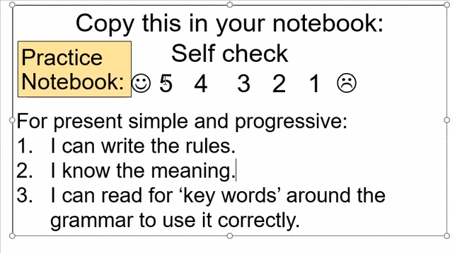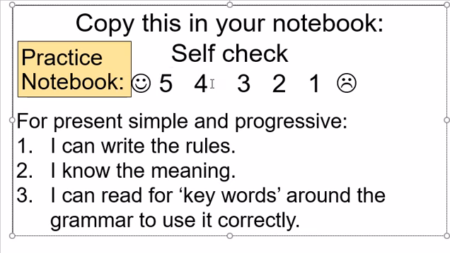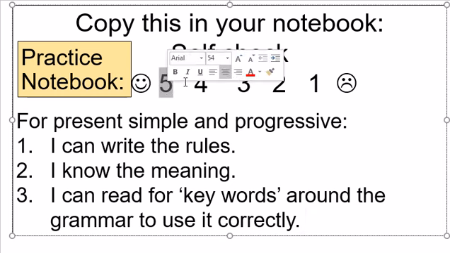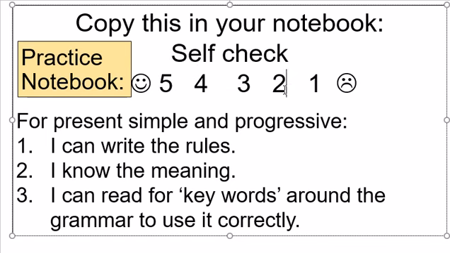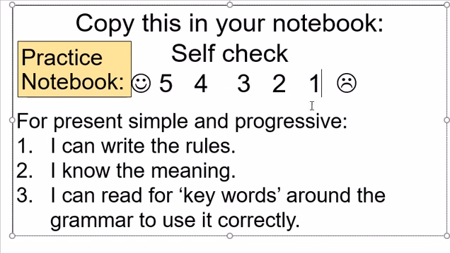If you know the meaning really, really well, you can put 5 or 4. Okay. If you're not sure, you can put 3. I can read for keywords around the grammar to use it correctly. Okay. If you know keywords about these verb tenses, then you can give yourself 5. If you don't know, you're not sure, you could put 2, or if you need help, put 1.